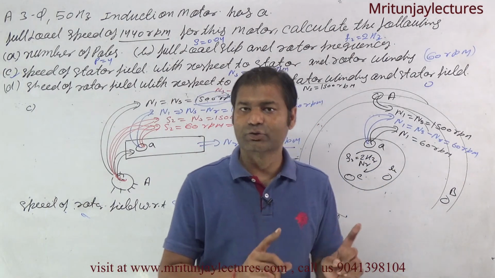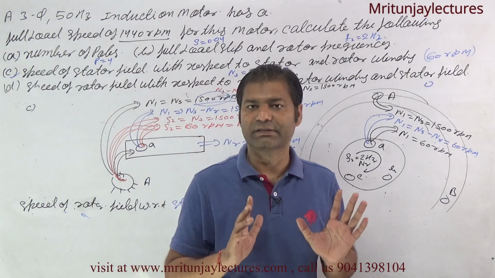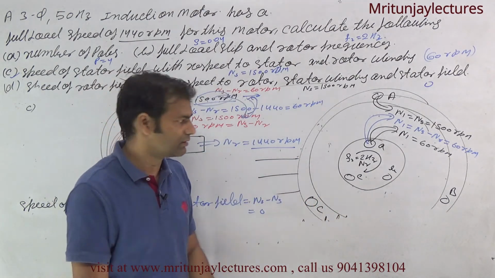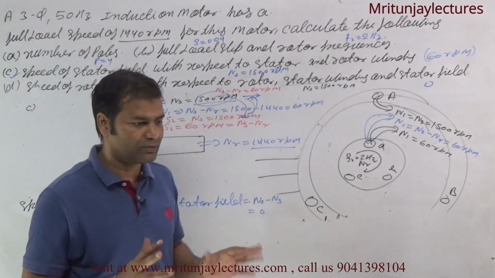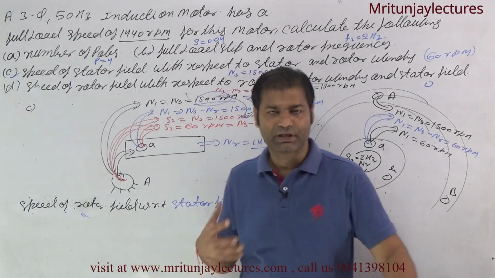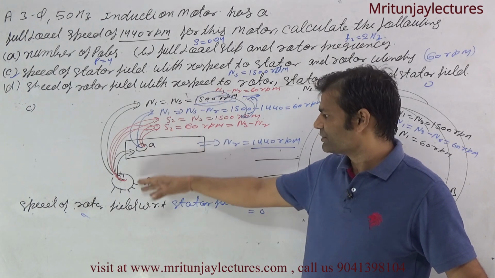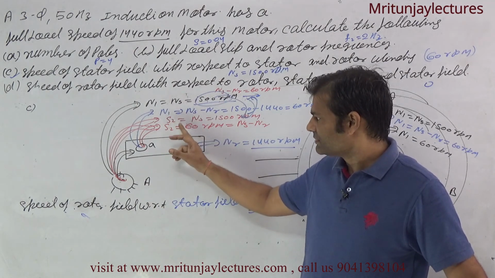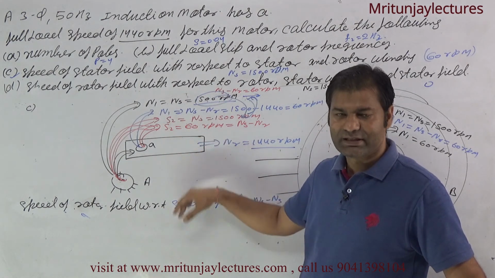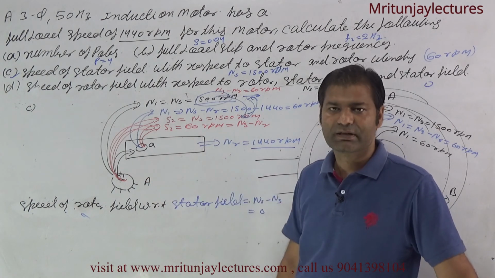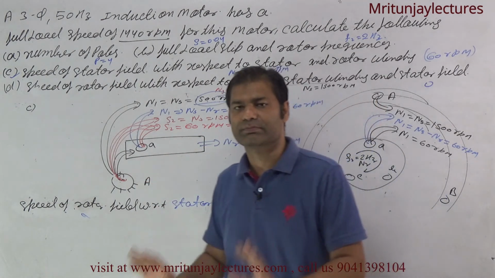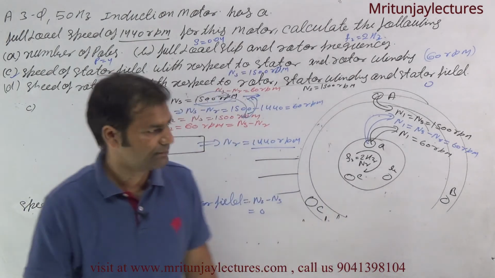Then continuous electromagnetic torque is generated and the rotor keeps running. Otherwise, if the speed is less or greater than 1500 with respect to the stator winding, after some time it will stop.